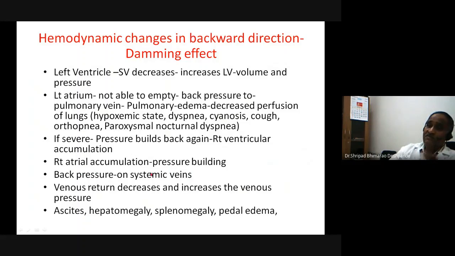So now, if there is a pressure there, there is no venous return. The blood in the veins remains accumulated, getting stagnated, and that increases the venous pressure. So there is a pressure in the atrium, and that increases the venous pressure.